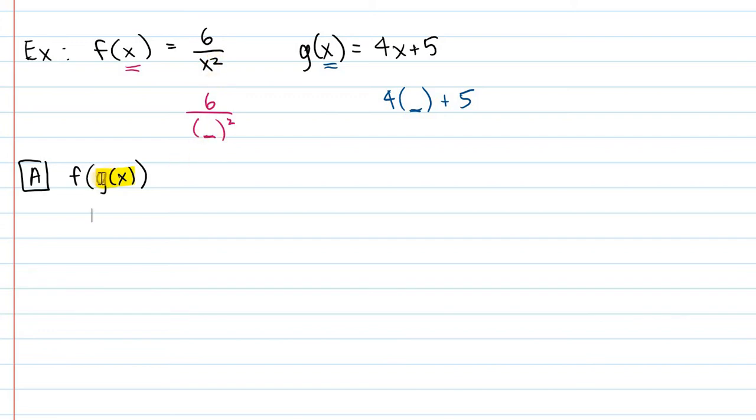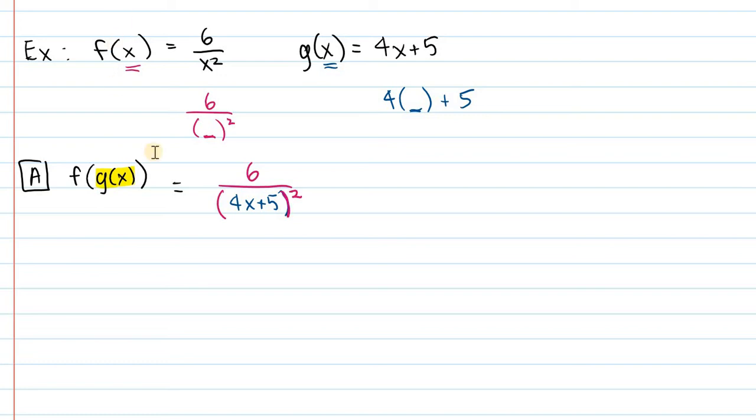So we would put the g of x expression in these pink parentheses right here, and we would perform the operations. So this ends up looking like 6 over, and then the g of x is 4x plus 5, and then we're going to square that whole thing.